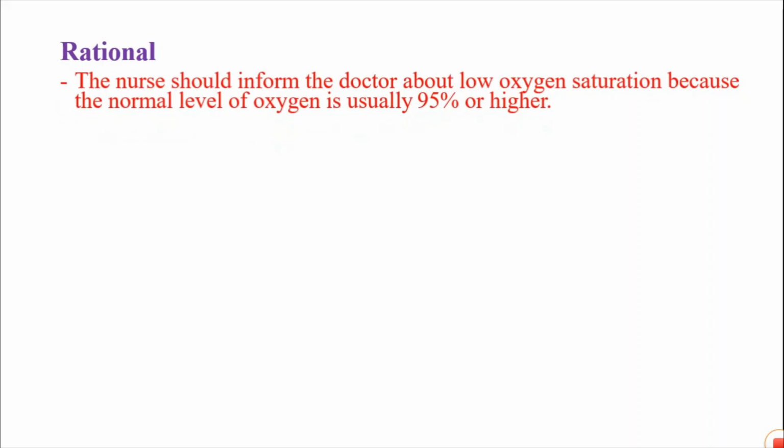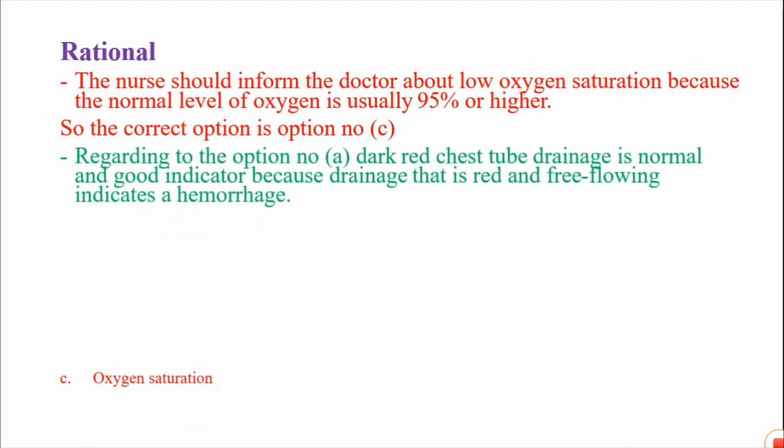The nurse should inform the doctor about low oxygen saturation because the normal level of oxygen is usually 95% or higher. So the correct option is option number C, oxygen saturation. Regarding option number A, dark red chest tube drainage is normal and a good indicator, because drainage that is bright red and free flowing indicates a hemorrhage.